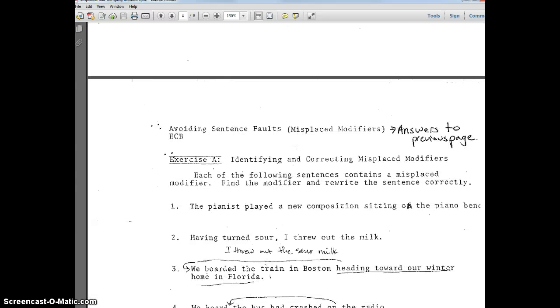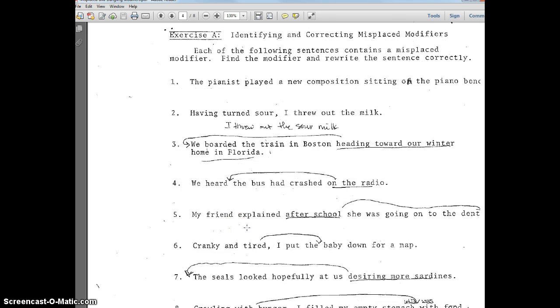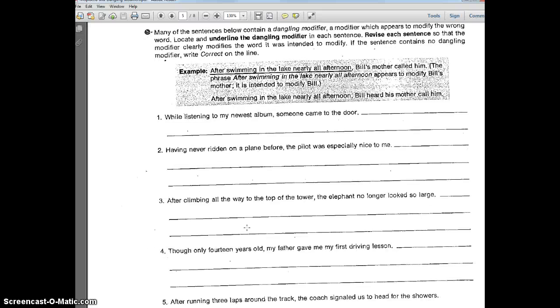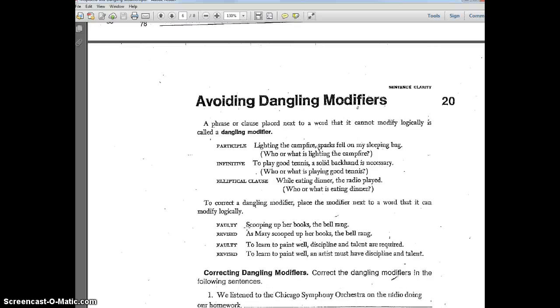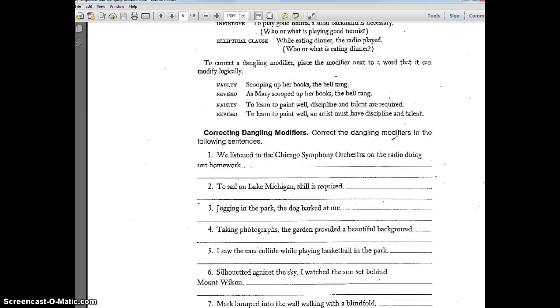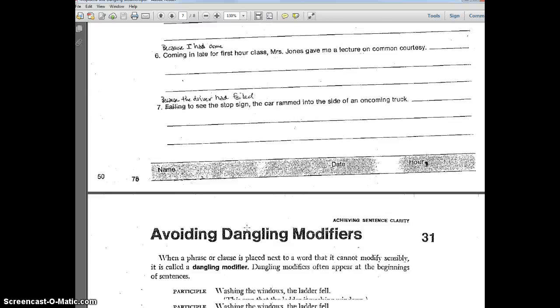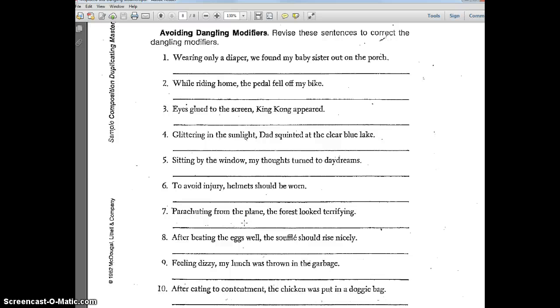You've got questions, then you have the answers to the previous page. And then you have some more questions about these misplaced modifiers, and then you have a couple about dangling modifiers as well, with answers to the previous page and some more sentences that you correct. Please correct these in your notebook.